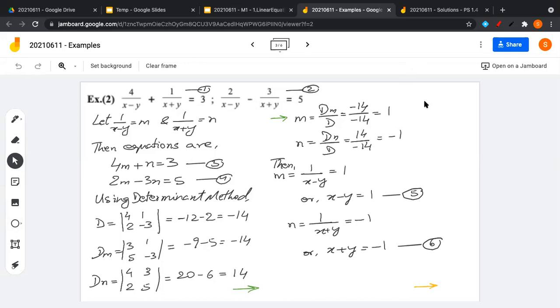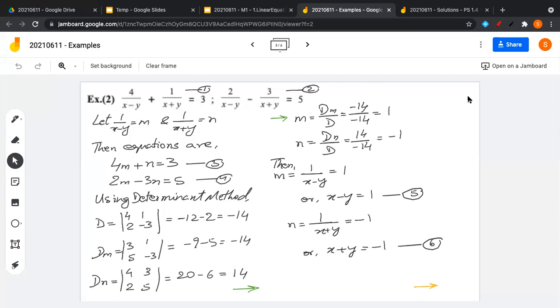Karthik, you got the correct values. So you move to the next step. You substitute the values back into x and y and try to find out x and y. You can take the hint from what is there on your screen now. Others, correct your values for the determinants.